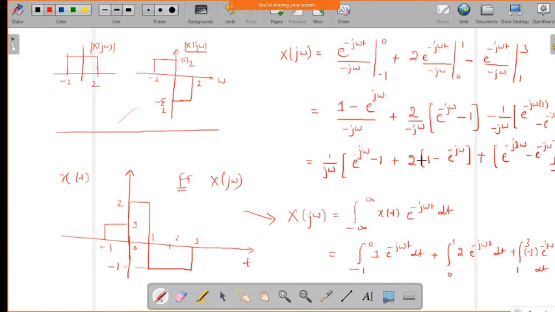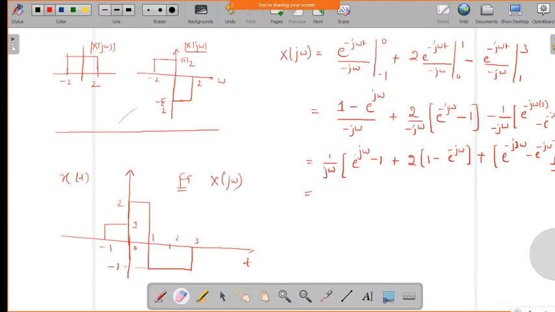So now we can multiply the 2 and get the simplified version. We will get 1 over j omega into, if you multiply this into the bracket, plus 2 and minus 1 becomes plus 1, plus e power j omega, plus if you multiply minus 2 into e power minus j omega, plus e power minus j3 omega minus e power minus j omega.